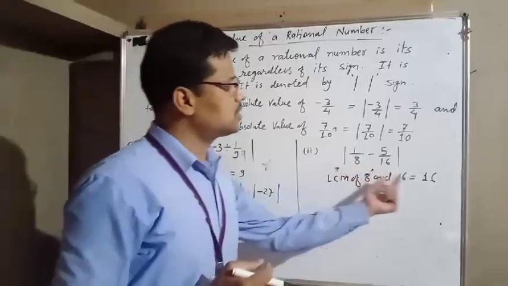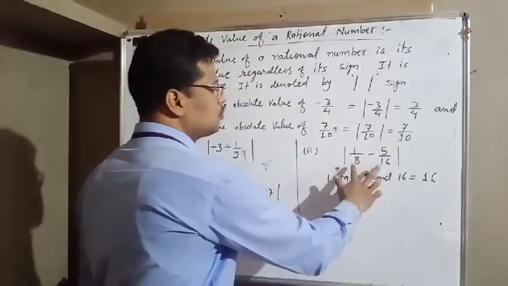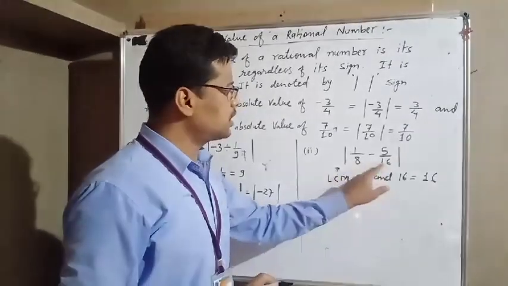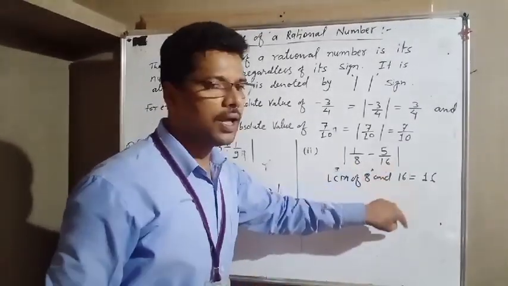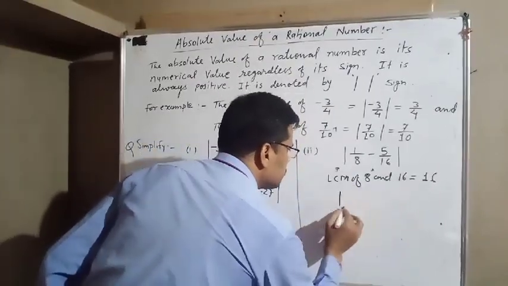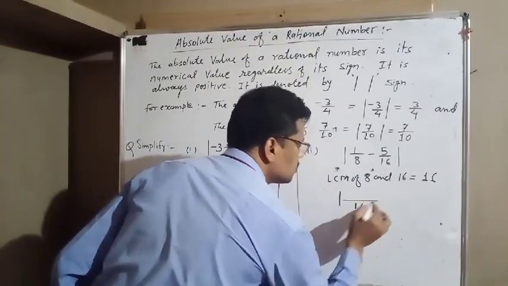We can also find it directly: both numbers come in the same table, and the greater number, 16, will be the LCM. Remember this.